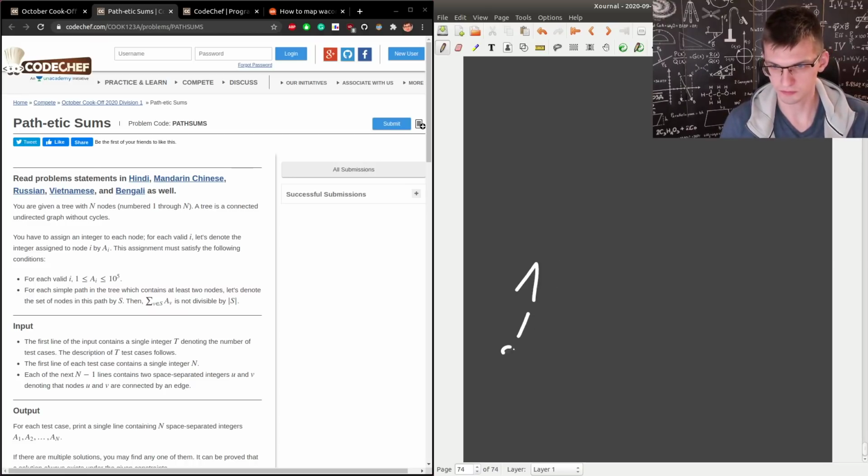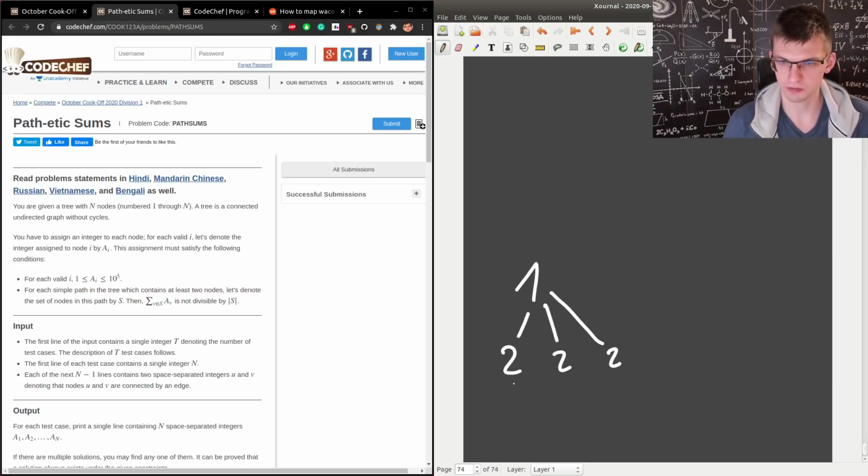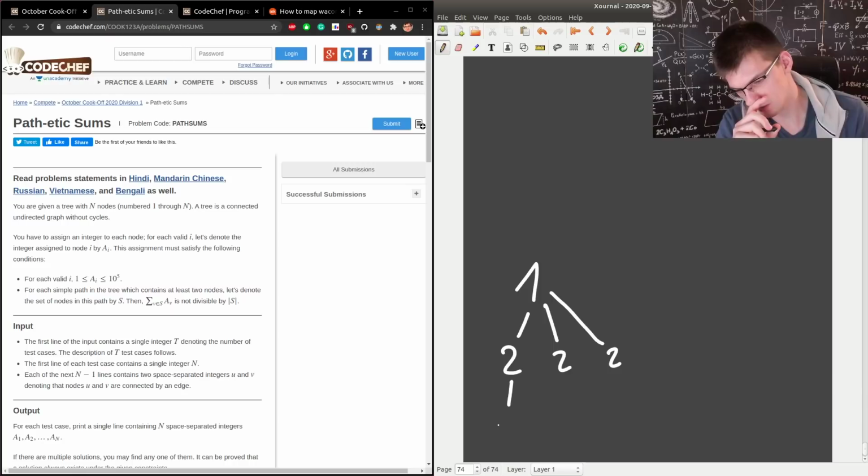One, two. Is it okay if the root is 1, then this is 2, this will be something like a 3 or 1. Maybe this must be related to divisibility by 3.